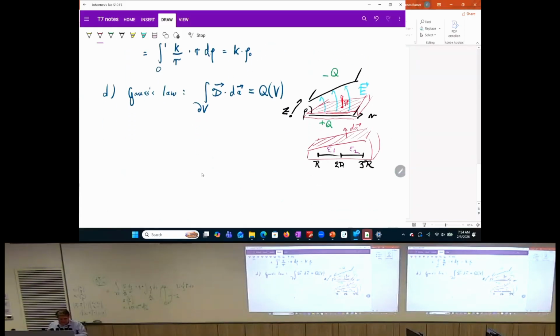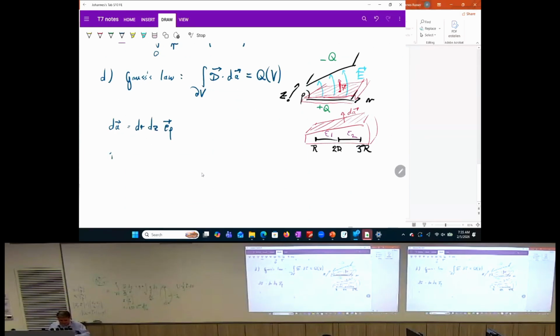Then you have to consult the math sheet again. What is a differential area element? Because we are in cylindrical coordinates, that is actually quite good. It is dr times dz, and the normal vector is e phi. Our D field is permittivity times electric field, and the electric field is k over r, oriented in the phi direction.